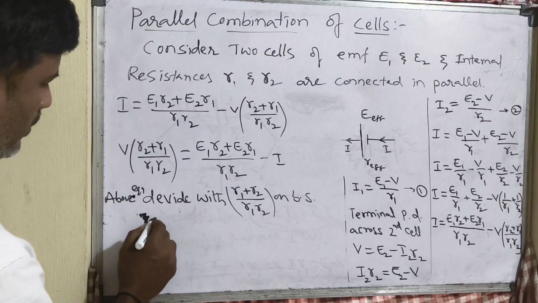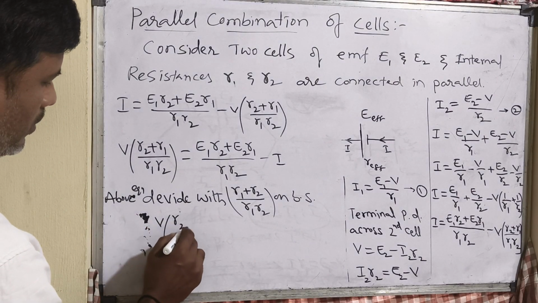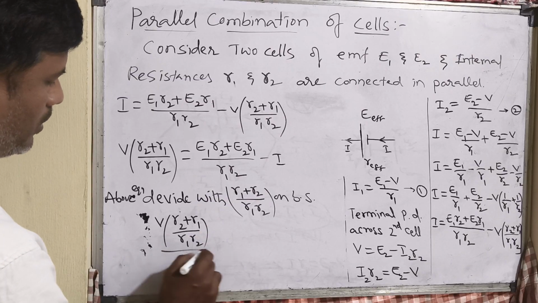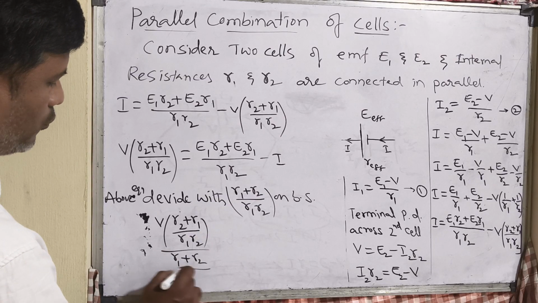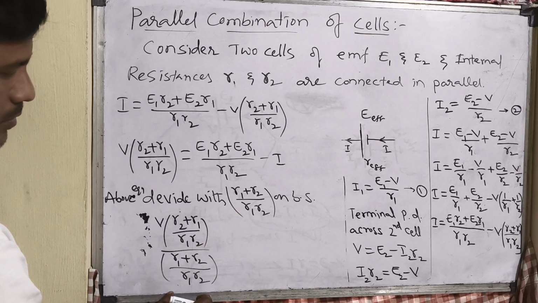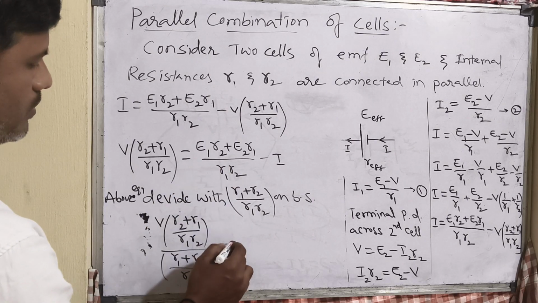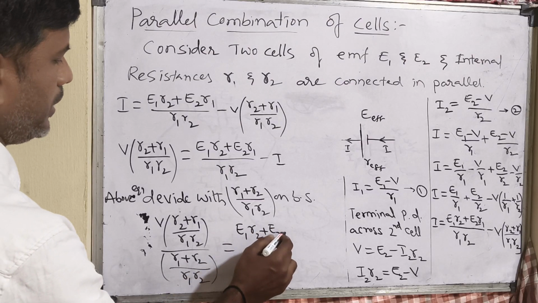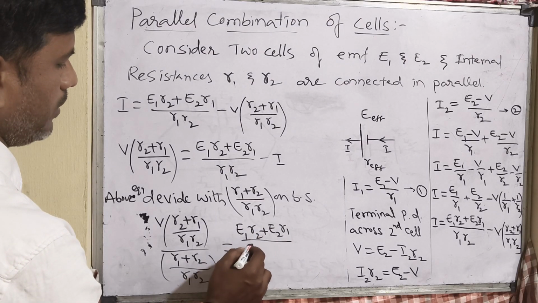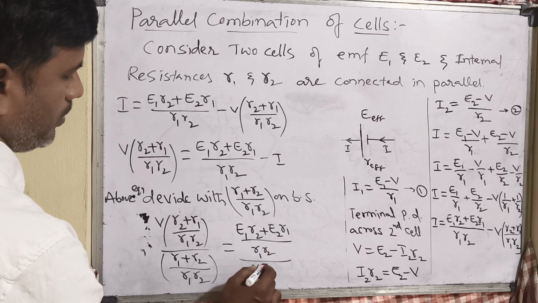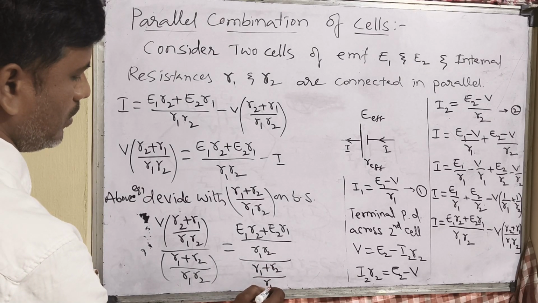What happened? So we have R2 plus R1 by R1 R2 divided by R1 plus R2 by R1 R2. This is the dividing term. That is equal to this one: E1 R2 plus E2 R1 divided by R1 R2, divided by R1 plus R2 divided by R1 R2.